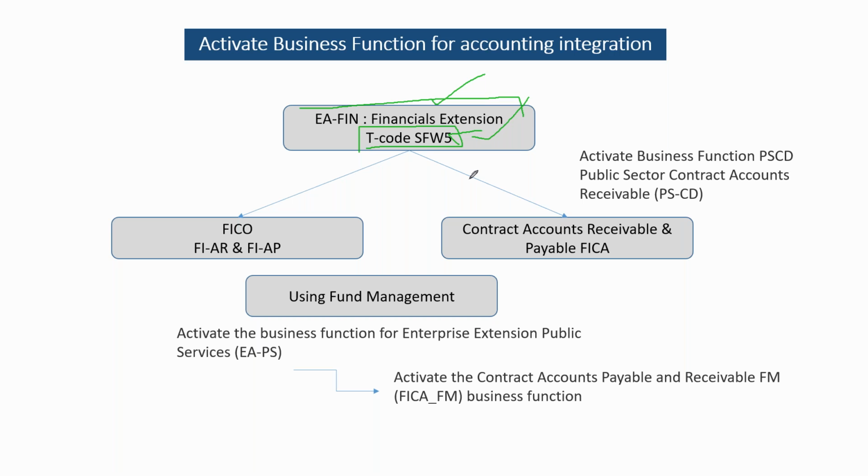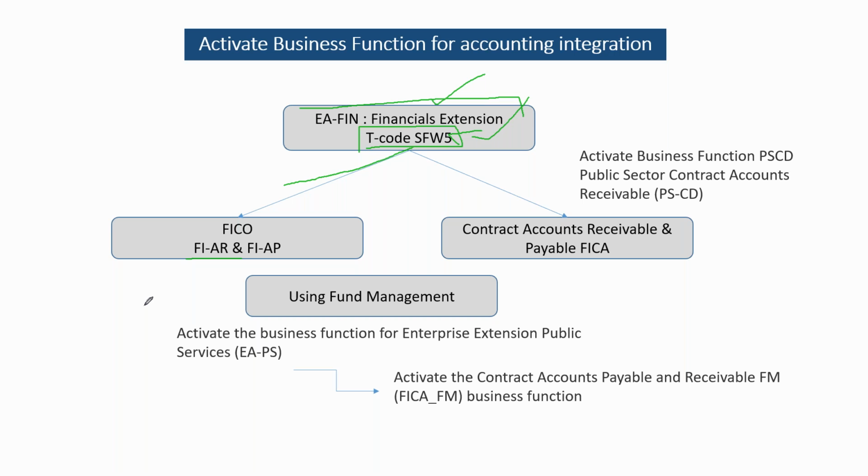But apart from FICO, you can use another component also. If you are going with FICO, account payable and account receivable are the two subcomponents which have to be activated, because we are going to work with customers and vendors, so I need to go through account receivable and account payable.